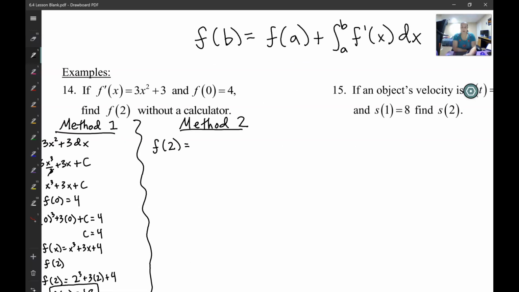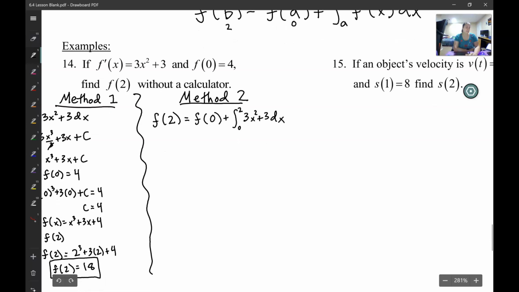Okay, so if I want to find f of 2, so b is 2, I'm going to take f of 0, which is the other point they give me, so a is 0, plus the integral from 0 to 2, from the point they give me to the point I want to find, of f prime, so my equation, dx.